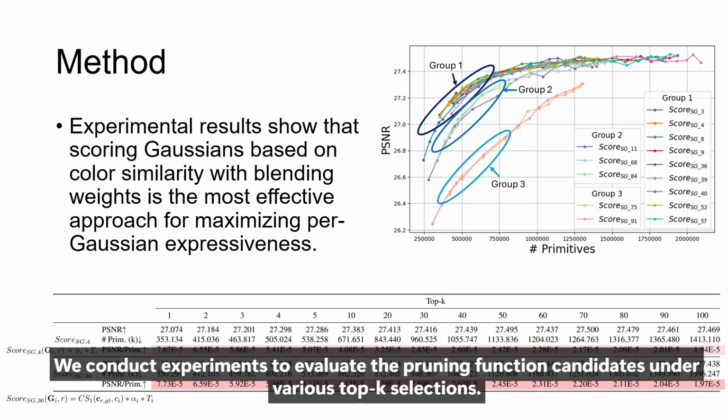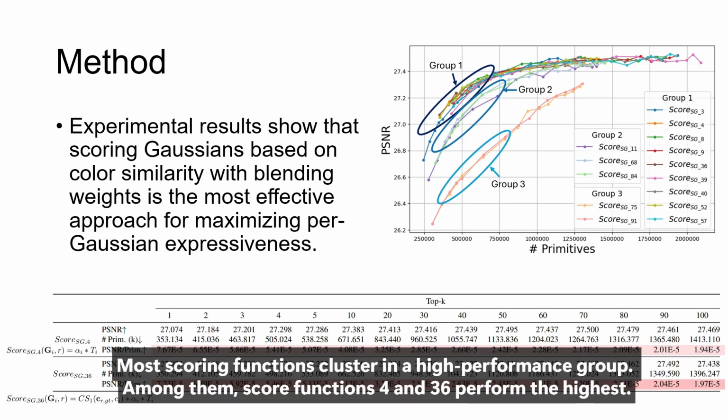We conduct experiments to evaluate the pruning function candidates under various top K selections. Most scoring functions cluster in a high-performance group. Among them, scoring functions 4 and 36 perform the highest.